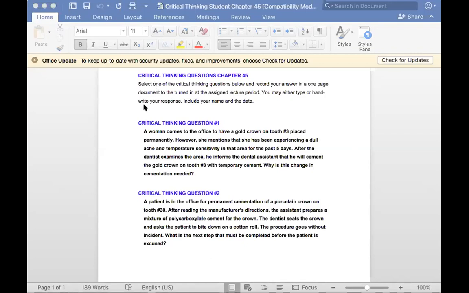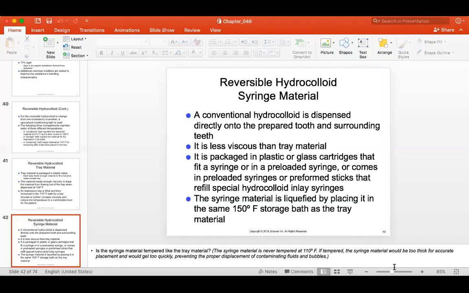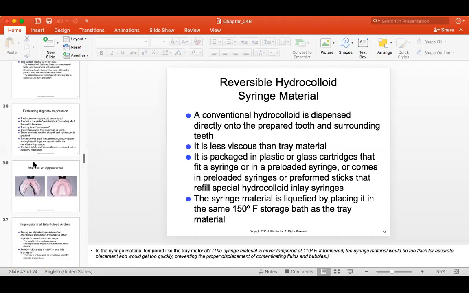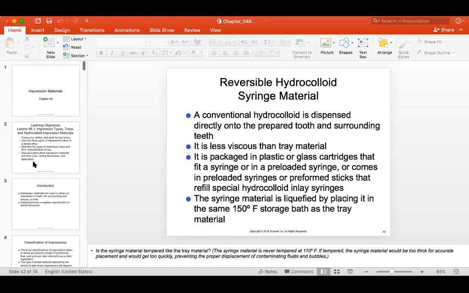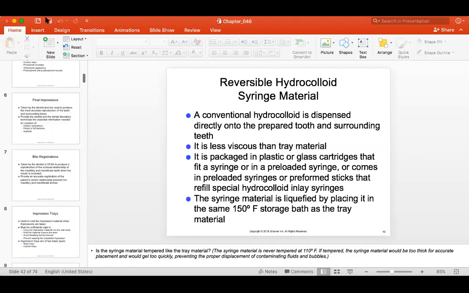Nobody remembers what alginate is? Isn't that the stuff that you make impressions with? Yes, it's the material we use in order to take an impression on our patients.